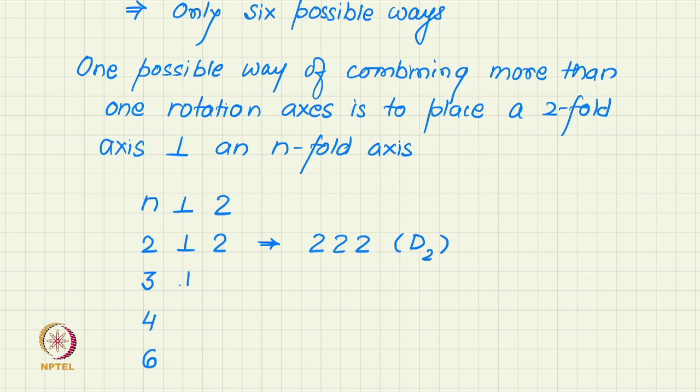If you place a two-fold axis perpendicular to a three-fold axis, then you get a point group 3 2, which is called D3 in the Schoenflies notation.